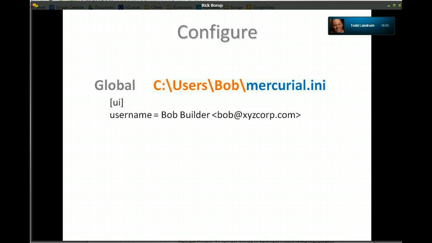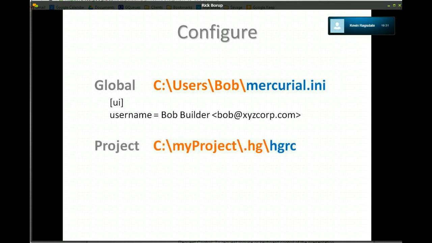But the only thing that's really required is that you identify yourself to Mercurial, and that's so that if you're interacting with other users and you're committing changes and they are committing changes, the repository has a record of who committed which changes. And so it's very simple, it's an INI file. In the UI section, you create the username entry, and the typical format, although there's no hard and fast rule, is first and last name followed by an email address.